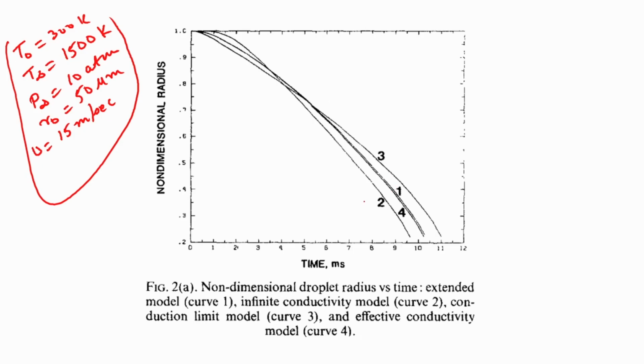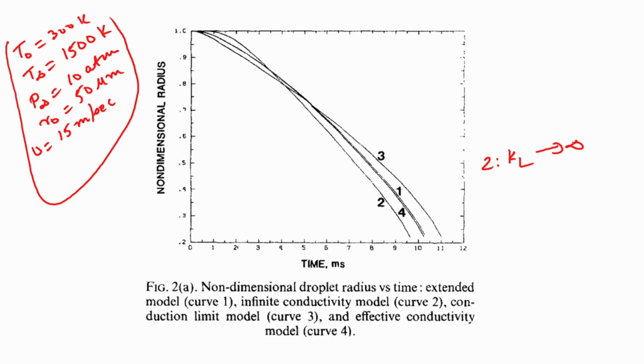Curve 1 is basically the current model that we are talking about, the Sirignano and Abramson model. Curve 2 is the infinite conductivity model, which we already said, where K_L approaches infinity.